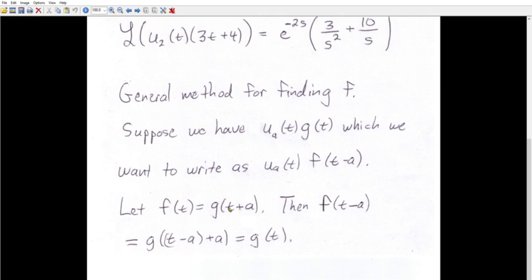In other words, we just shove a t plus a into g. And what you can see then is that f of t minus a is going to be g of t minus a plus a, which is g of t. So if we use this definition for f, we're going to get f of t minus a to equal g of t.